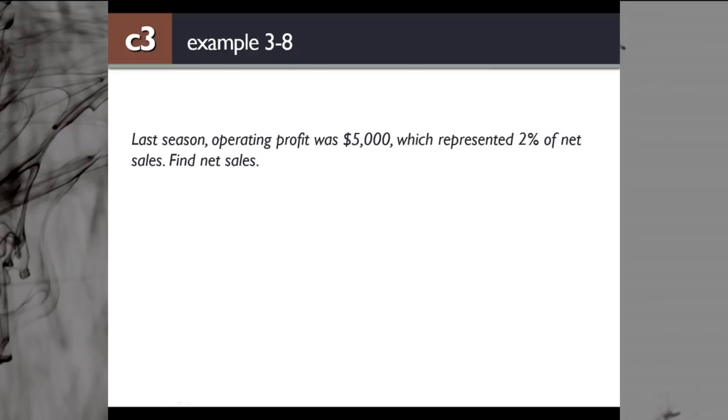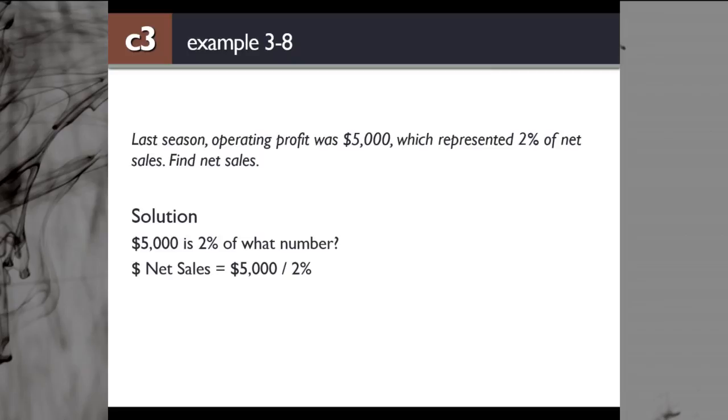So what's gonna be the net sales? From the previous formula, it will be dollar profit divided by 2%. Then what you get will be $250,000.